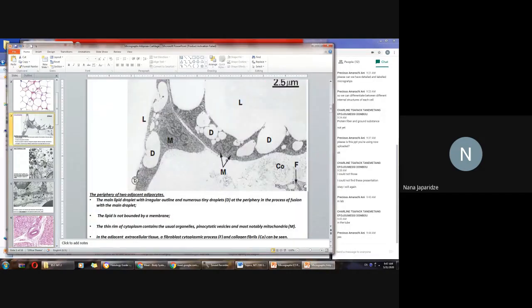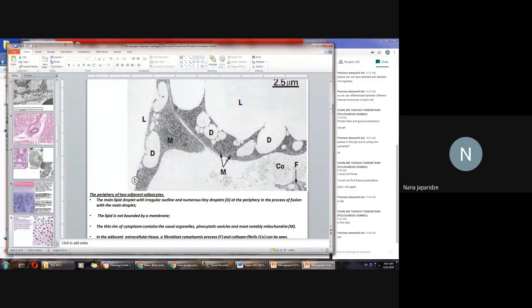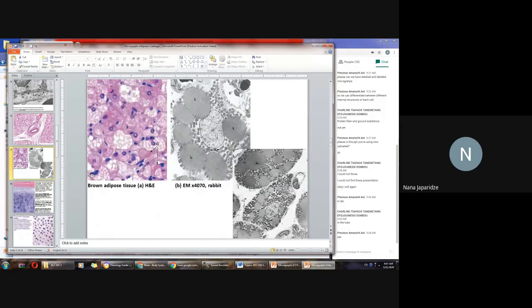Look, this is a TEM image, which represents these cells in more detail. I mean brown adipocytes, for example. You see here, look, this is a cell profile, a whole cell.